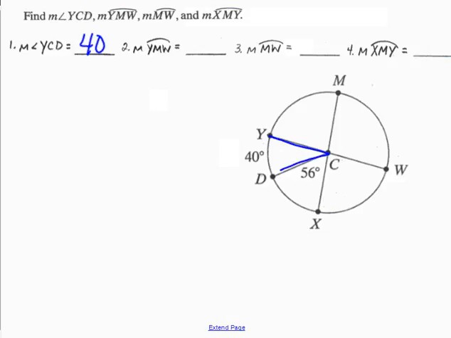Again, here's the angle. Now it asks you to find the measure of YMW. Well, if I look at this, YMW is this arc right here. What I notice is that it's also on the diameter. It follows the diameter. Well, if it's on the diameter, I notice that that is a semicircle. So the measure of arc YMW is going to be 180 degrees.